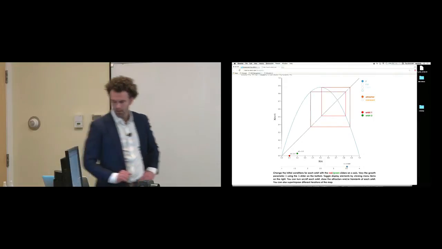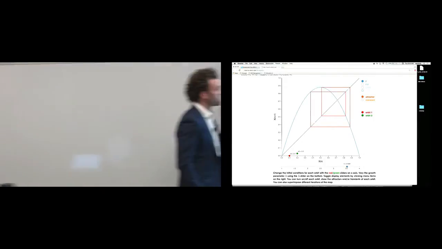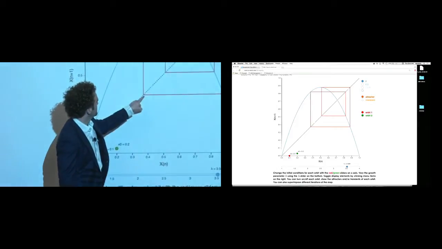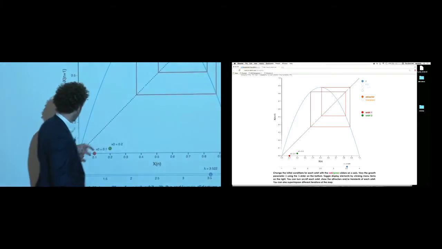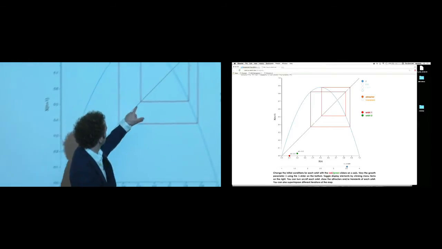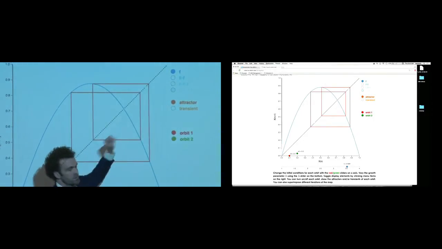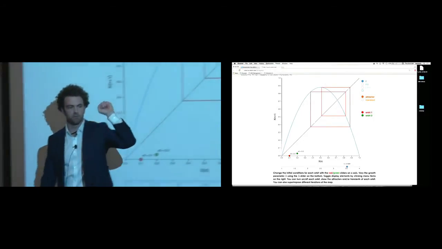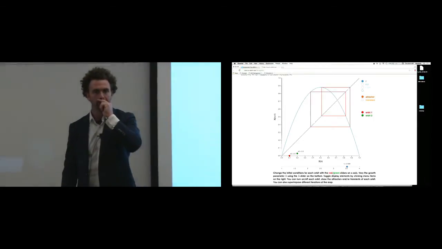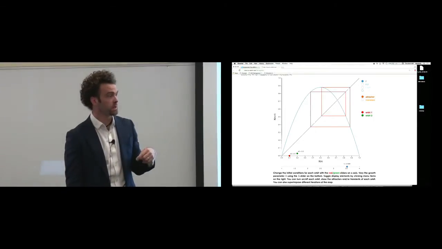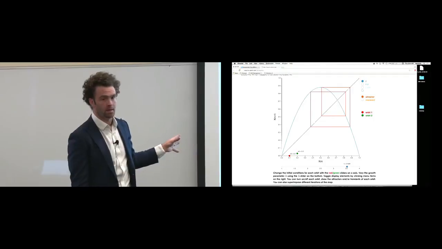Okay. So here, let's count the intersections of f4 with y equals x. It's got 1, 2, 3, 4, 5, 6 intersections. 2 of them are intersections that we had from the original f, the fixed points.